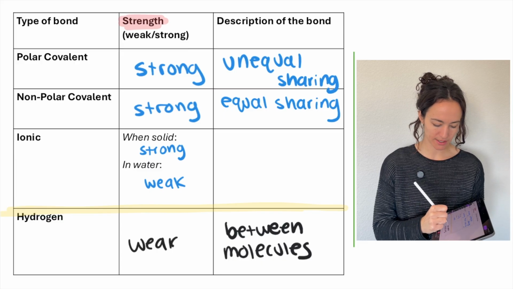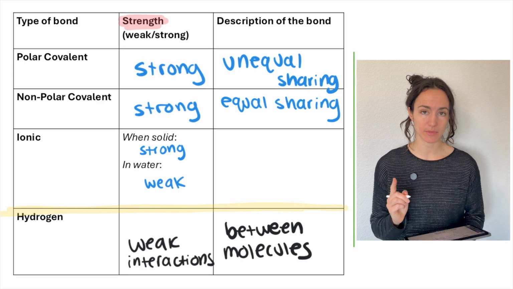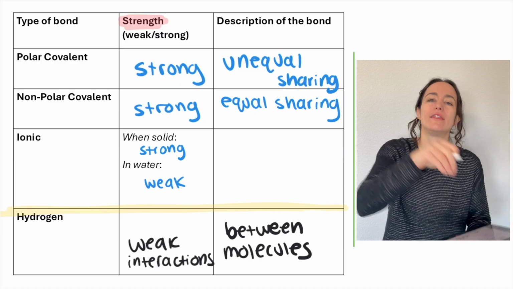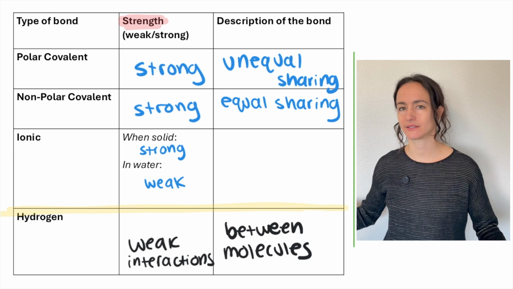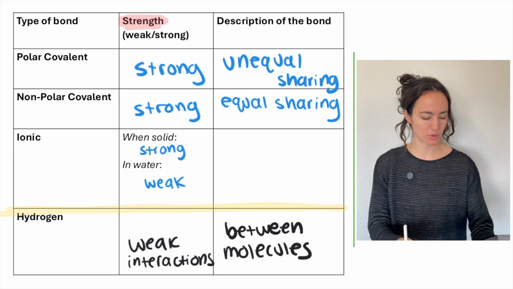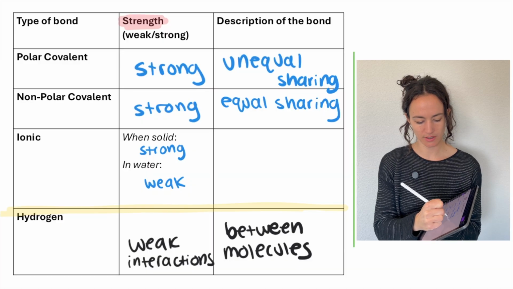And they are weak interactions. So, comparing to covalent bonds, a covalent bond is within a molecule. Hydrogen bond is between molecules. Super important distinction.